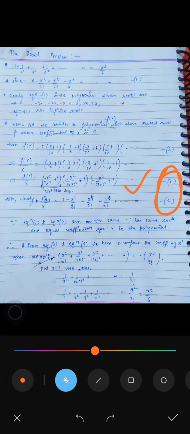The coefficient of x square over here is minus 1 over 3 factorial, and the coefficient of x square from here can be obtained by multiplying the terms of every loop with the 1 of the other loops, that is with this term and with this term 1. So I can write it like this: minus of x square over pi square plus x square over 2 pi whole square plus x square over 3 pi whole square and so on, which goes up to infinity, is equal to minus x square over 3 factorial.